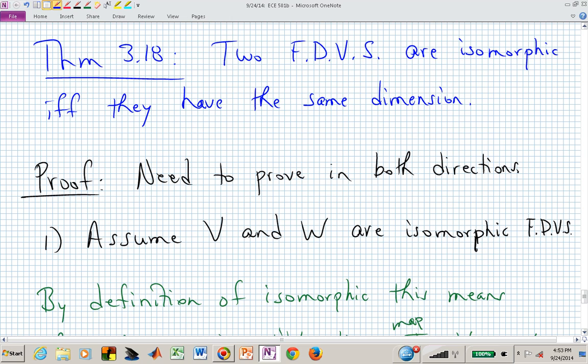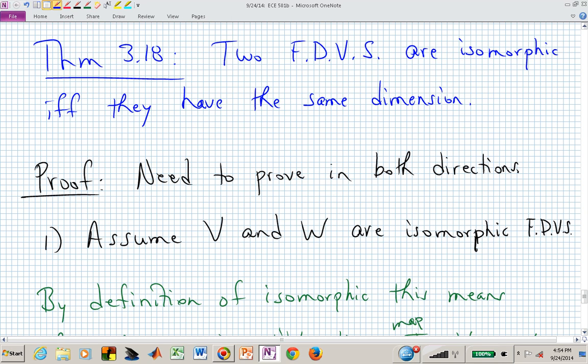That if we assumed A, that both of those finite dimensional vector spaces were isomorphic, then that implies that those two are the same dimension. And we just showed that the codomain and the domain were the same dimension.